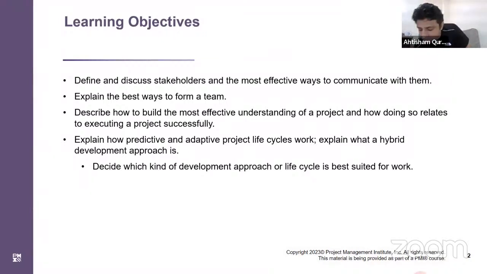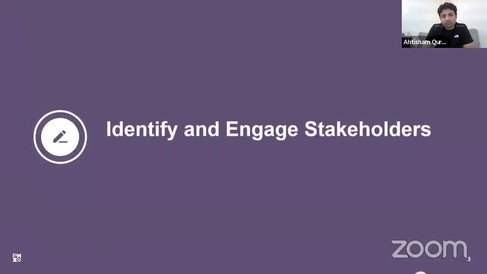So we'll be discussing identifying the stakeholders, engaging with them, forming a team, building shared understanding, and then understanding the approach, whether we are going to deliver this project in the predictive way, iterative way, or incremental way. So let's understand how we can identify the stakeholders, and later we will discuss how we can assess their engagement and keep them engaged during the project.